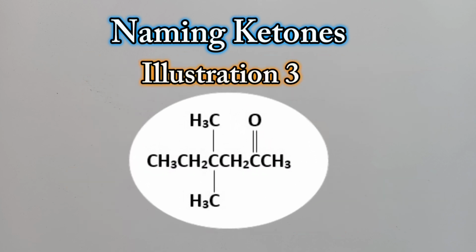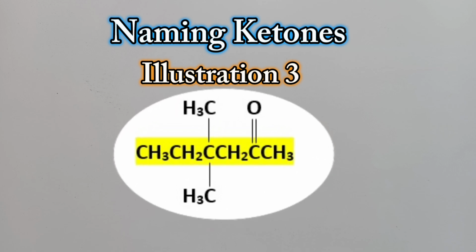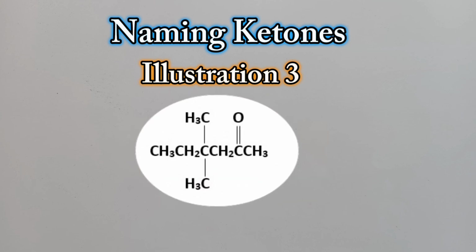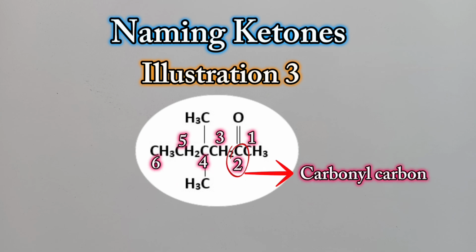After observing the displayed compound, we identify that the parent chain is the yellow highlighted carbon chain. After determining the parent chain, we number carbon atoms of the parent chain by starting from the side of the chain that is closest to the carbonyl carbon, and this has been done as displayed there. Now realize that on position 2 of the carbon chain, we have our carbonyl carbon.